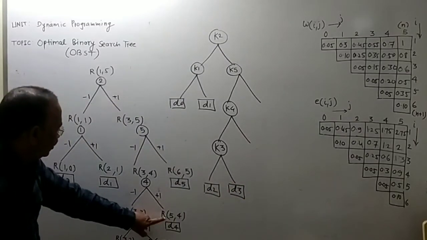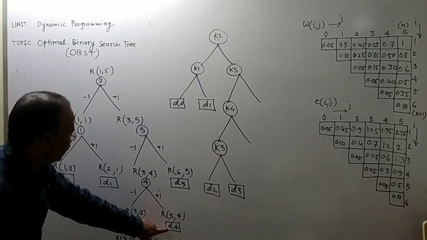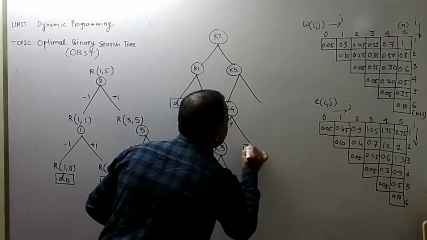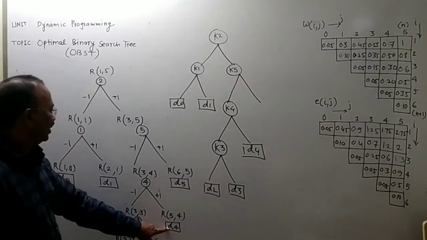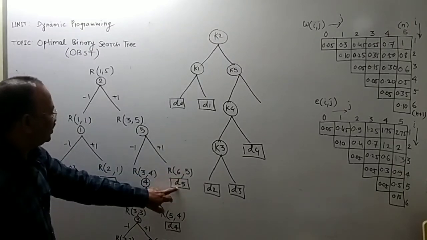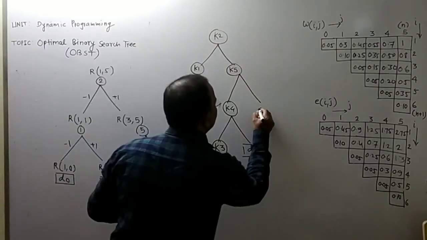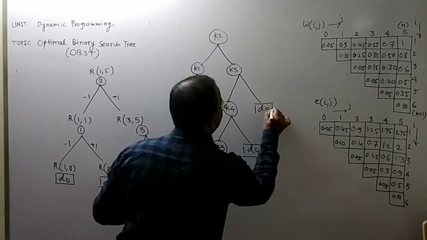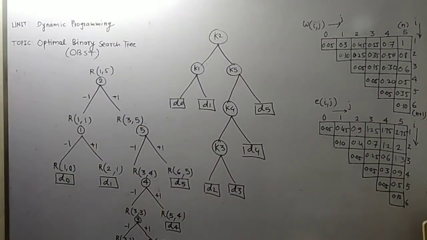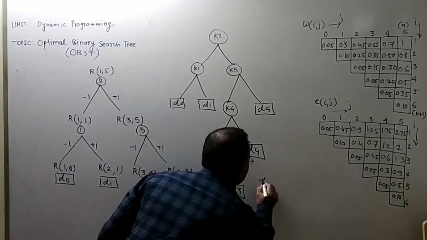Now for this r54 there is D4. Then for this r65 there is D5. In this way we have drawn the final OBST.